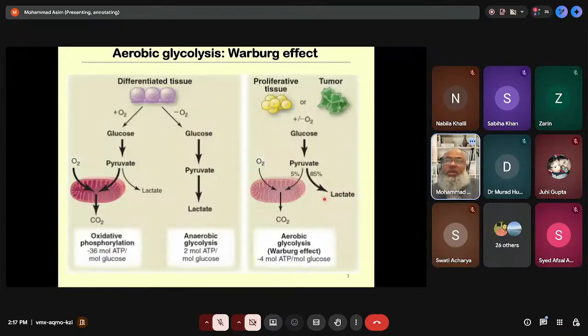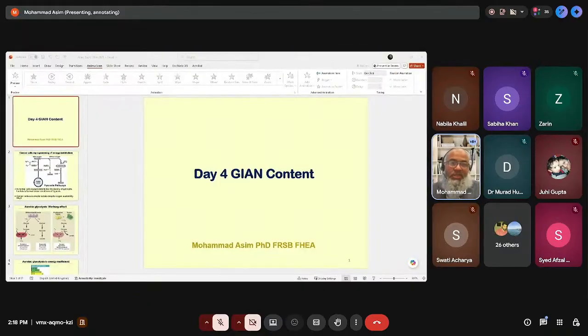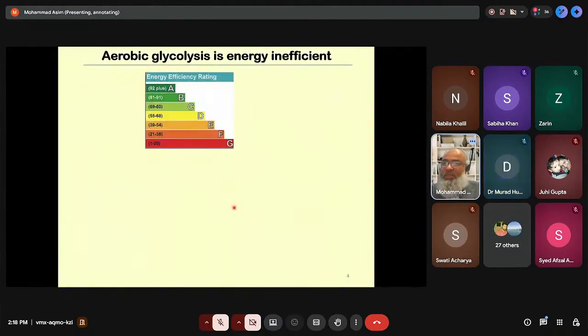So it looks like cancer cells are not, after all, very energy efficient. They're rather very poor in this process. If I show you some energy ratings of cancer cells, have a look here. Their energy rating is really poor, thanks to their reliance on aerobic glycolysis.